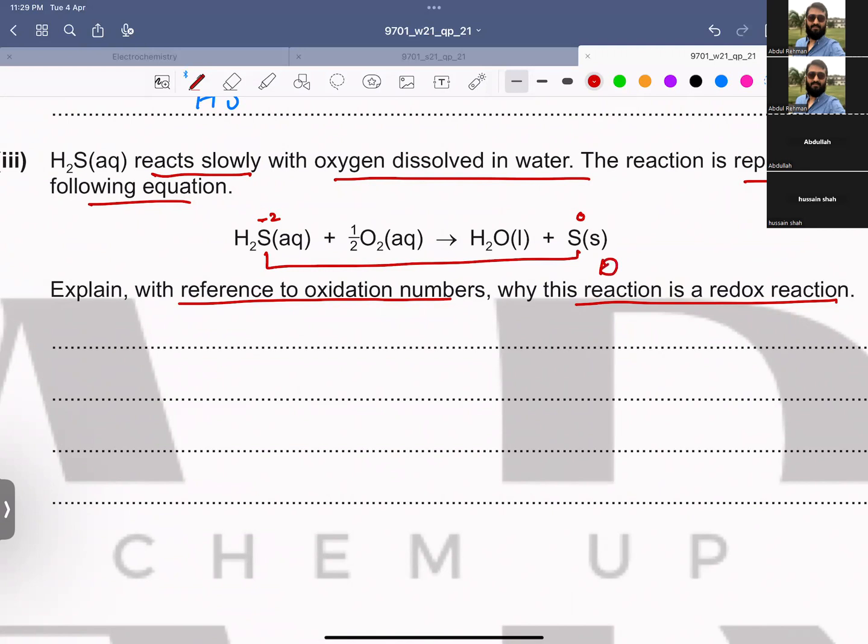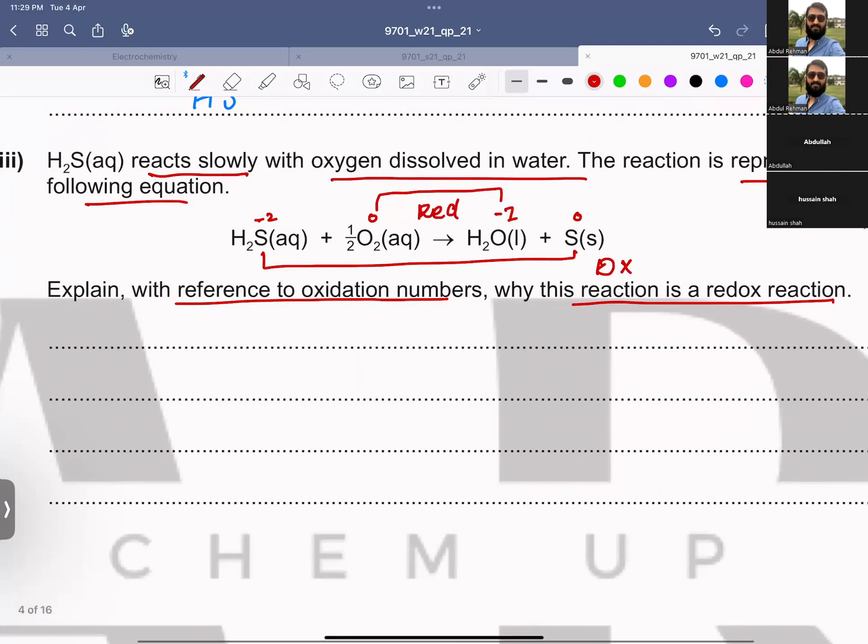So its oxidation number is increasing, so I will mention it as oxidation. And if you look over here, the oxygen is 0 and the oxygen is -2 over here, so this one is reduction.